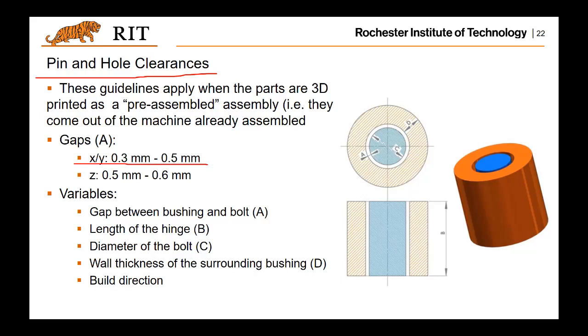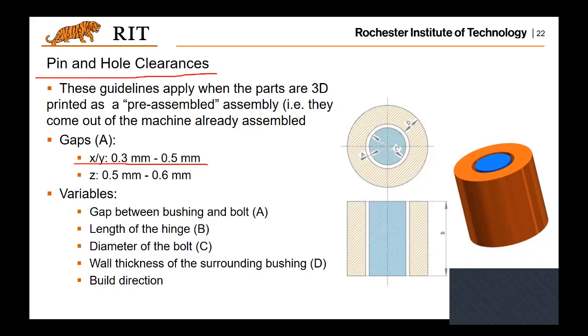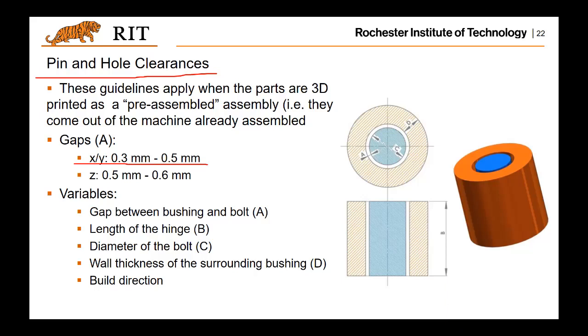That is, in the X or Y direction, the gap should be 0.3 millimeter to 0.5 millimeter. And in this direction, this gap should be 0.5 to 0.6 millimeter. That is because of the building accuracy of the printer. So you have to design these features so that they can be built under the given precision.